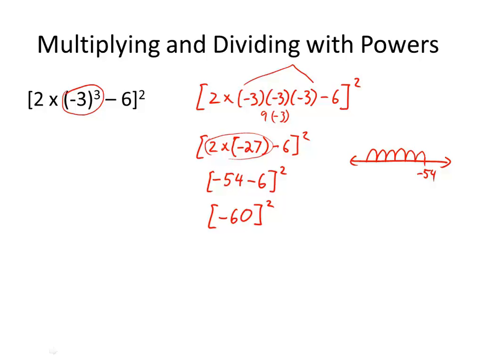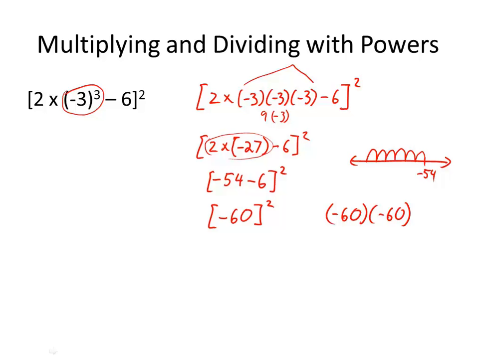Now this seems really hard for some people. -60 times a -60. But it's not too bad, because when we do -60 squared, in other words, this is the same as writing -60 times a -60.